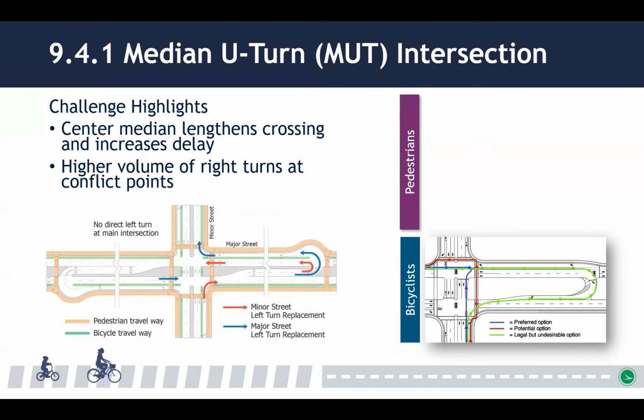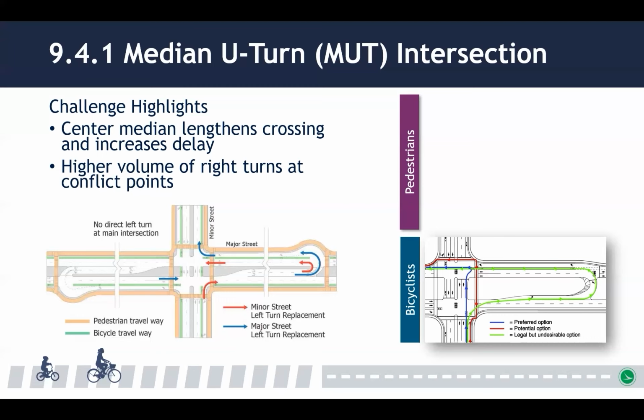Vehicles on the minor street that would turn left at a conventional intersection will instead turn right onto the major street and then make a U-turn movement. Signals at the main intersection facilitate through and right turns. On the major street, signals can be provided at the U-turn movements if appropriate.